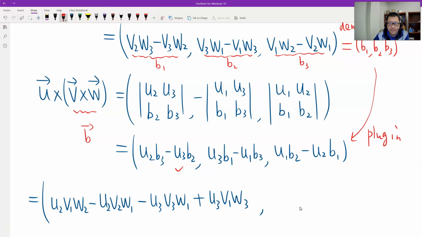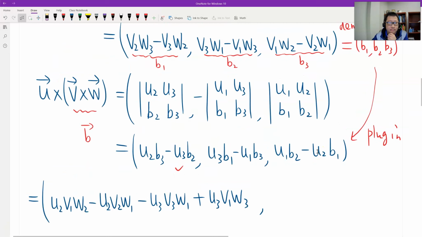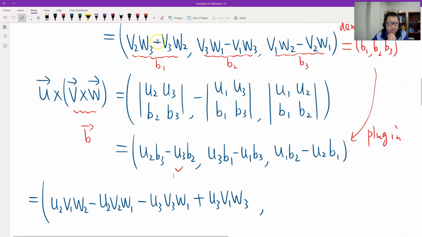Okay. And then the same, we'll look at the second. The second is U3 B1. What is B1? So let me just put it here. B1 is B2 W3 minus V3 W2. What is B3?